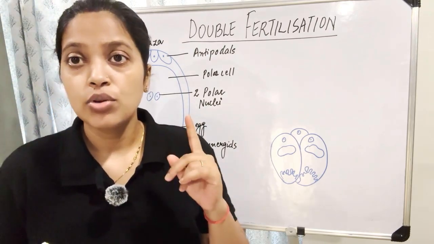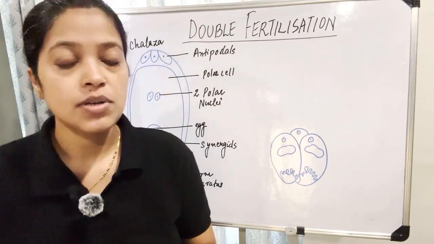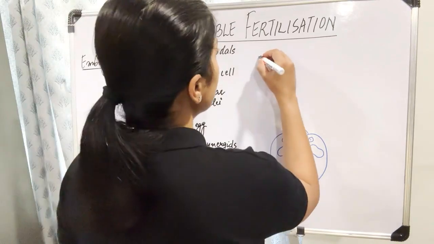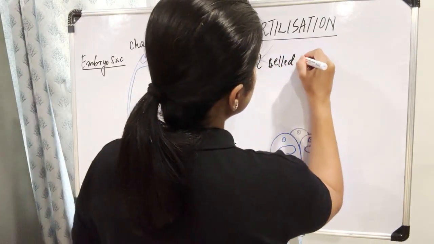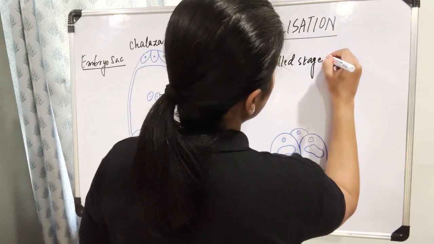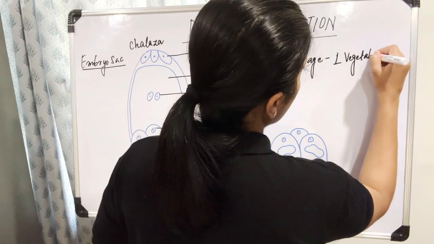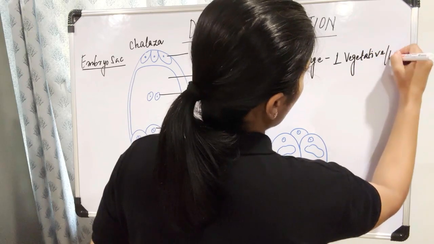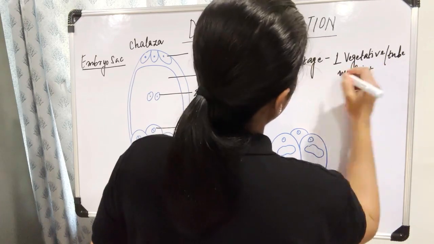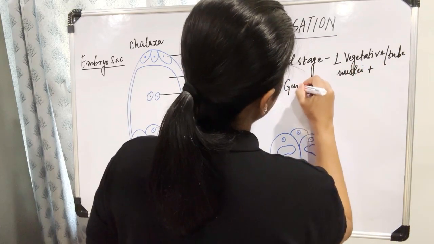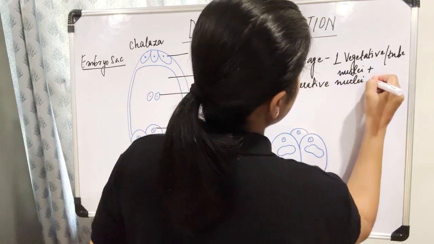Now let's recall the pollen grain. In the majority of angiosperms, in about 60% of angiosperms, the pollen grains are shed at the 2-cell stage. That means it has one vegetative, or tube nucleus, and one generative nucleus.